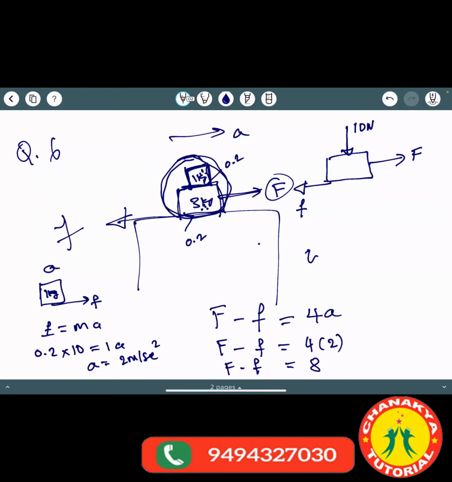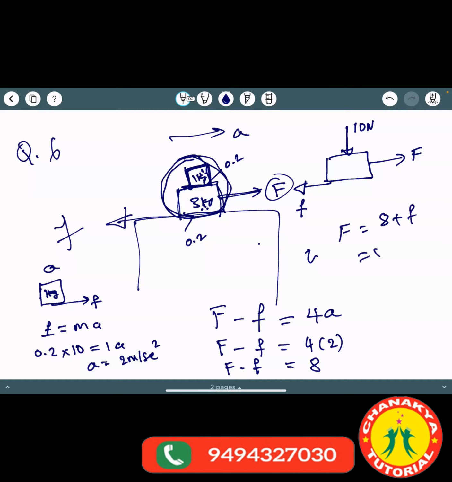Now what is asked in the question? The maximum force F that can be applied on B horizontally so that the block A does not slide over the block B. See, what is the maximum force they are asking? So that will be F is equal to 8 plus f, correct?